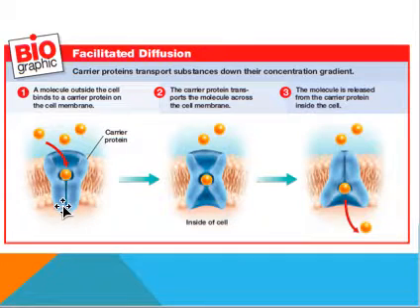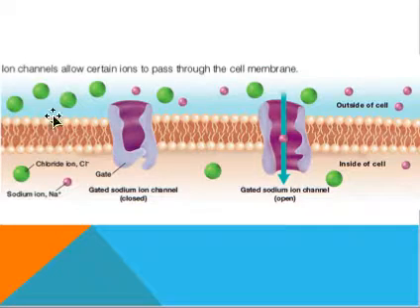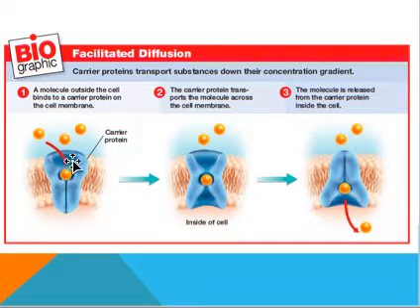If we go back up here, these ion channels are just a hole. This facilitated diffusion uses a carrier protein, which is different. It grabs the molecule, holds onto it, carries it through, and pushes it inside.